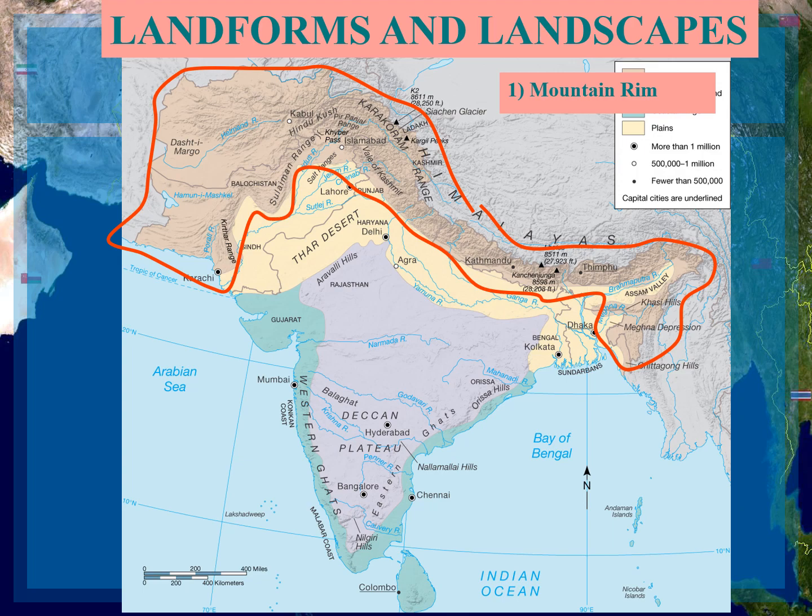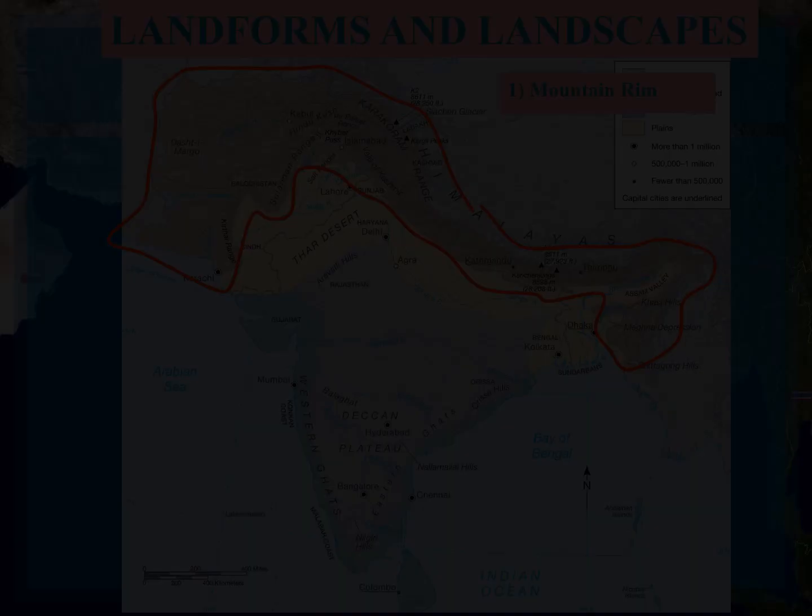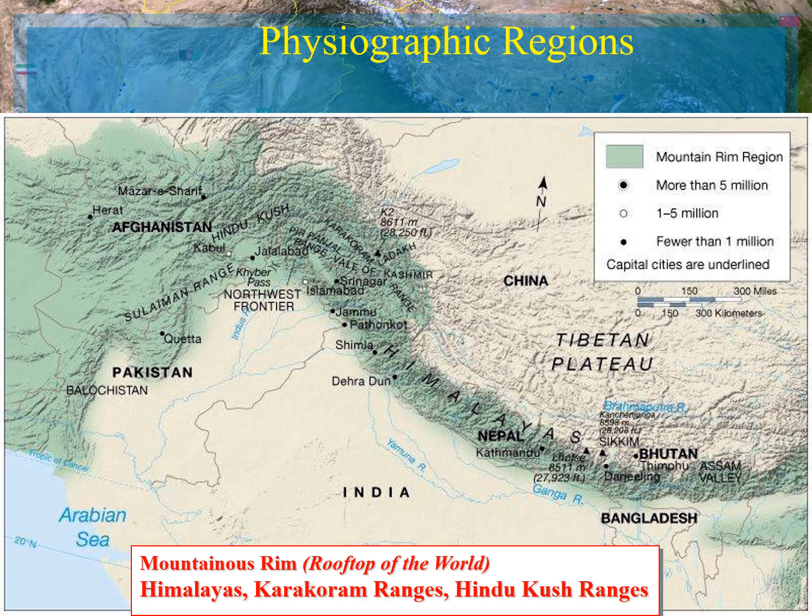Within those mountains, if you can see it, we have K2, as well as Mount Everest, and we'll talk about that in a little bit more detail in just a second, and the Khyber Pass, which is a really important pass that we find within the Himalayan mountains. Again, I'll talk about that in more detail in just a second. So there again, you can see a little bit more focused detail of our mountain rim.